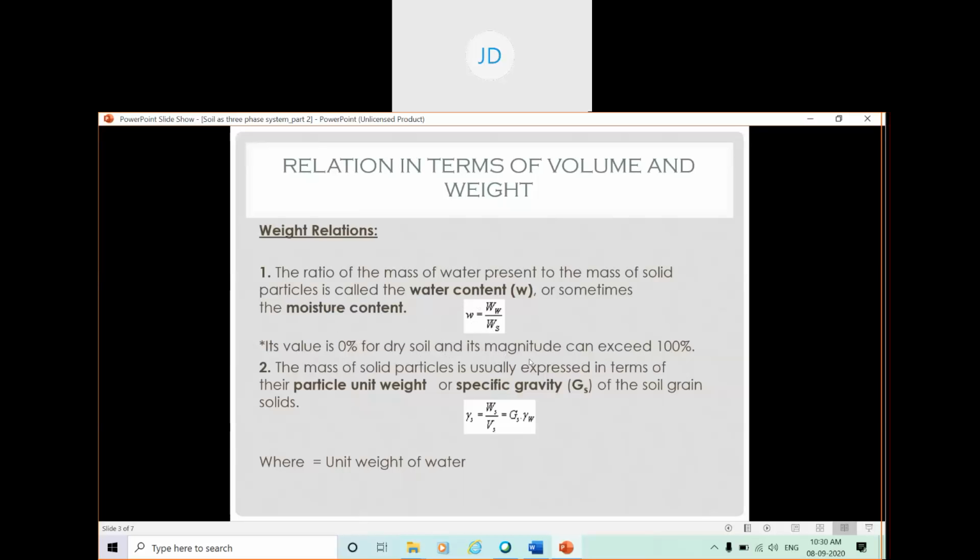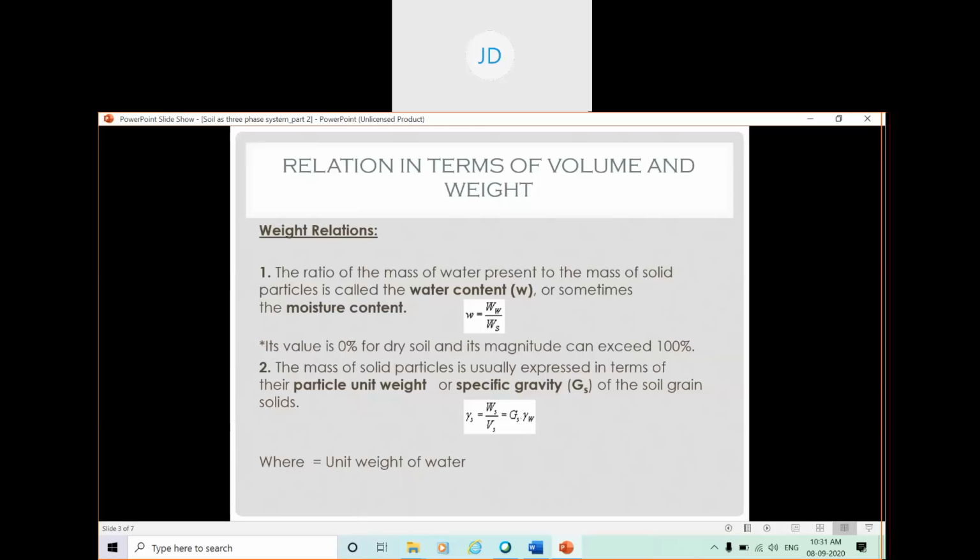Now, its magnitude can exceed 100% means what? It means that Ww, the weight of water, can be more than the weight of solid. It can be seen especially in fine-grained soils, especially some special clay soils we're going to discuss in coming classes.